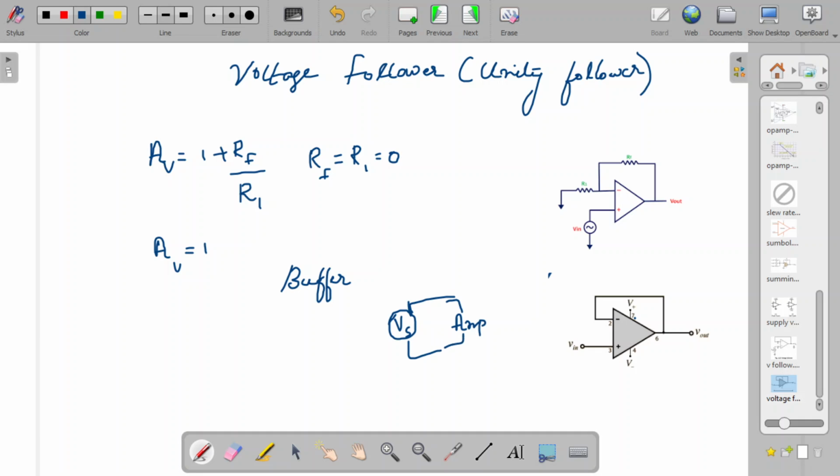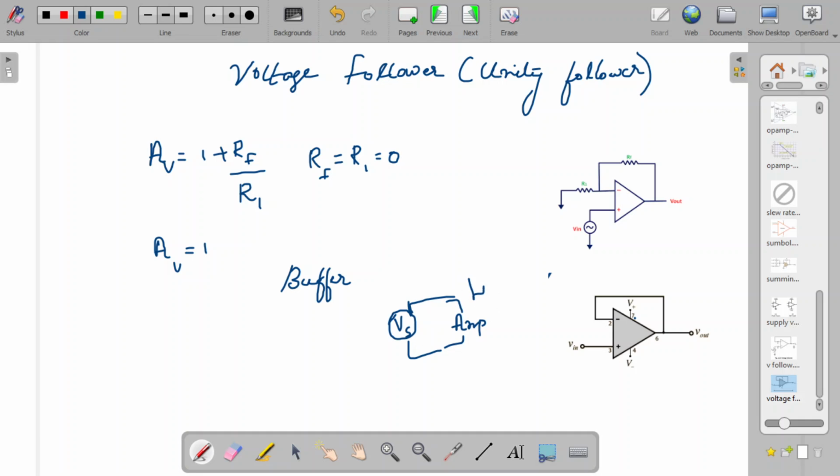In this case, the source most of the time will have quite a significant resistance. If the source resistance is high, the effective input resistance matters, because the source is connected to the amplifier, which we can call the load.